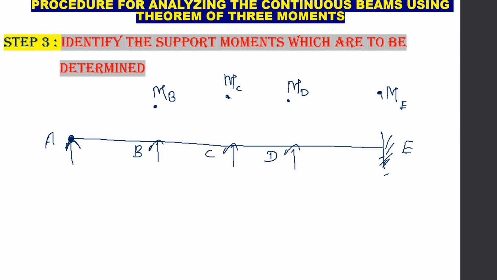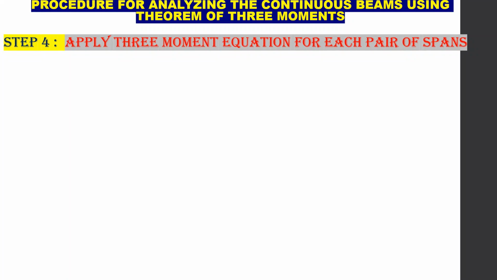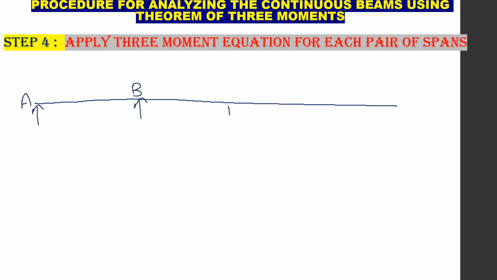So we have identified the support moments. The next step is to apply the three-moment equation for each pair of spans. Suppose we have the spans A, B, C, D and E. We will apply the three-moment equation by taking pairs of spans. This is our first span, second span, third span and fourth span.